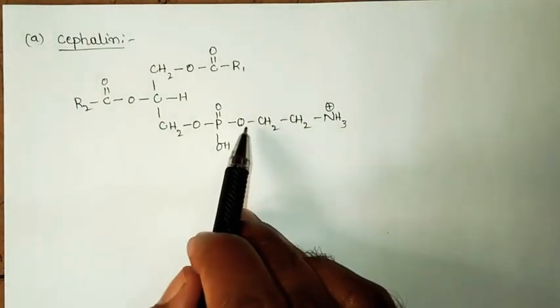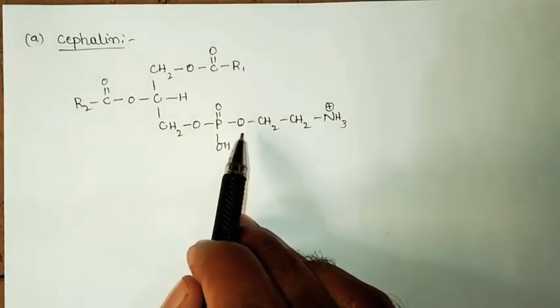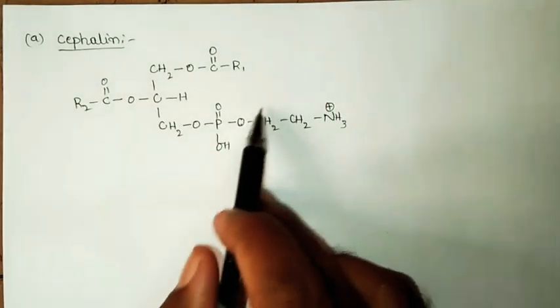So here we got an H atom, which was present in phosphatidic acid, and that H is replaced with this particular component.